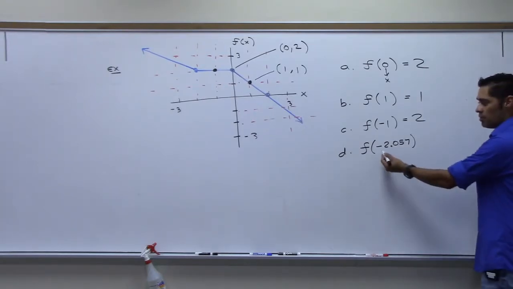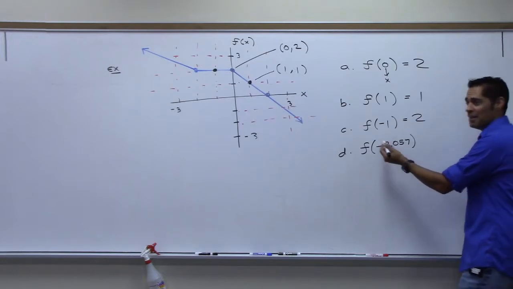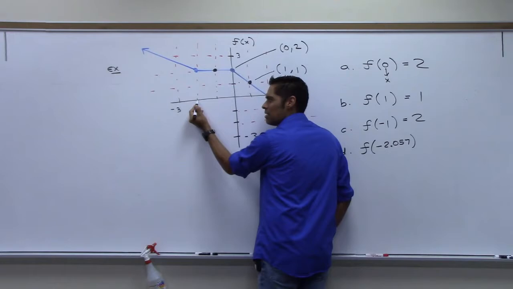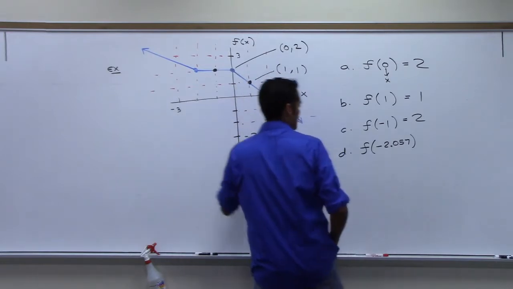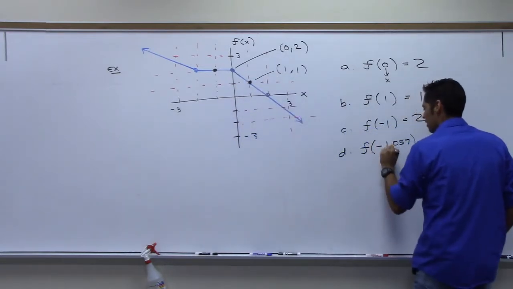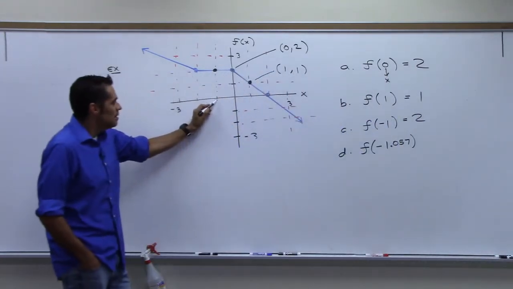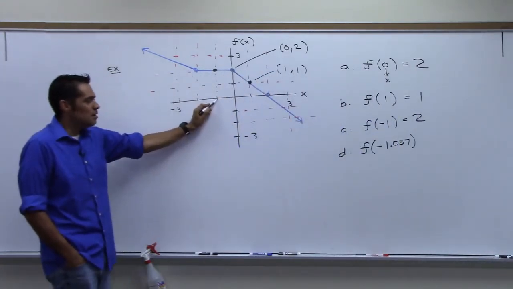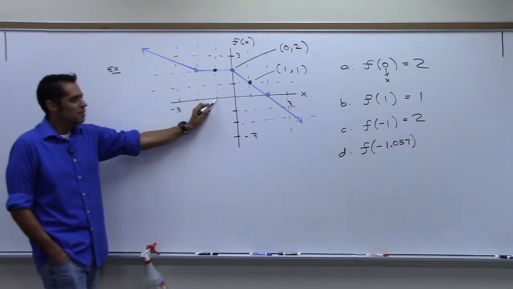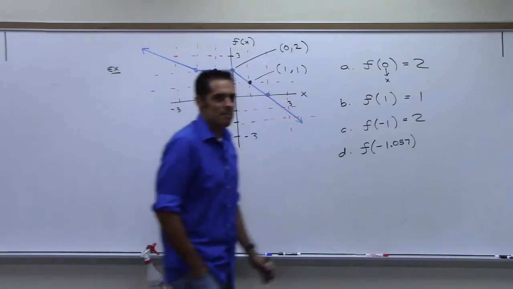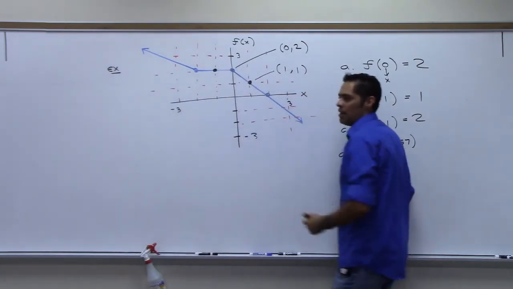So you're going to go to your x, right? And you're going to look negative 1, negative 2.05, so just a little bit to the left. Oh, wait, sorry. Let's make that 1. Sorry, 1, 1. I didn't want to go that far out, sorry. Negative 1.057, just a little bit past it, right? Still 2, right? So it didn't matter because this was flat, right? It didn't matter, it's still 2.